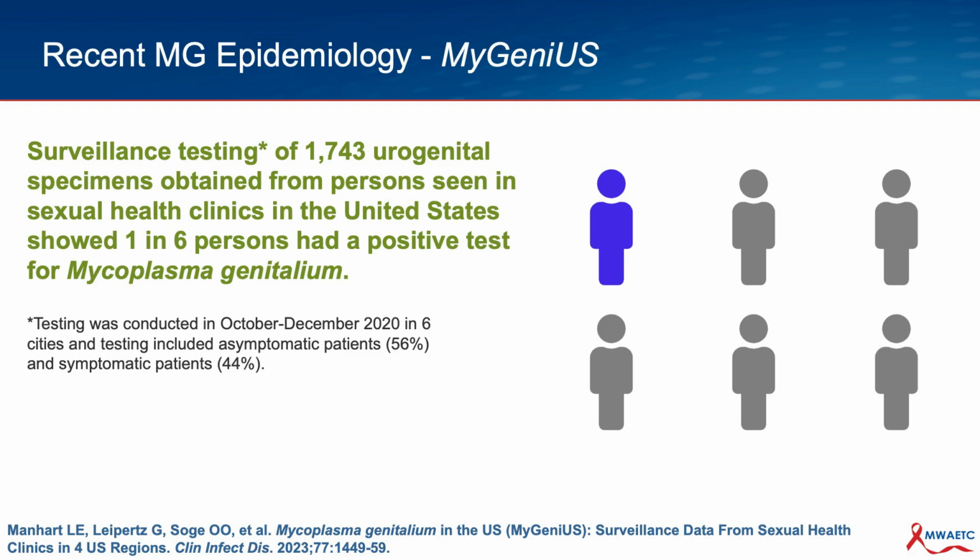genitalium epidemiology done at several sexual health clinics around the United States. Again, this is in people who are more at risk, sexually active young adults attending STI clinics, and just doing surveillance urogenital testing on specimens obtained from people. It found that around 1 in 6 persons had a positive test for M-Gen, and these were symptomatic and asymptomatic people.